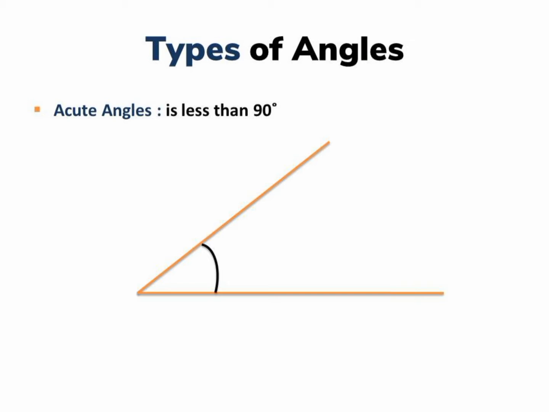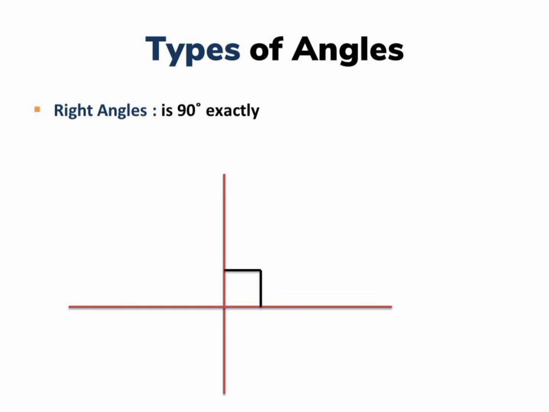Next, types of angles. The first one is acute angles, which are less than 90 degrees. And the second is right angle, which is exactly 90 degrees. We can see the lines look like a plus sign. Lines arranged like this are called perpendicular. There is even a special symbol that we use to show when an angle is a right angle, because they form a square corner.